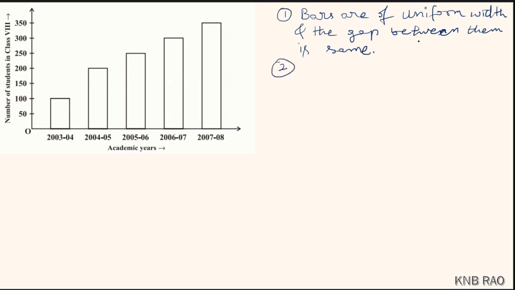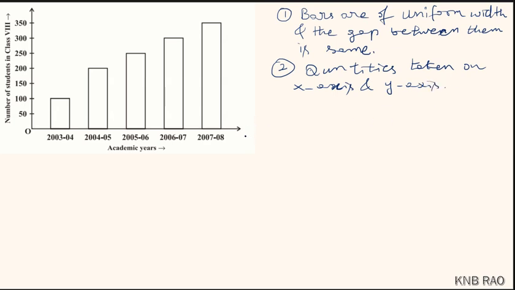Second point, quantities. What quantity is taken on the x-axis and y-axis? What is the x-axis, y-axis?